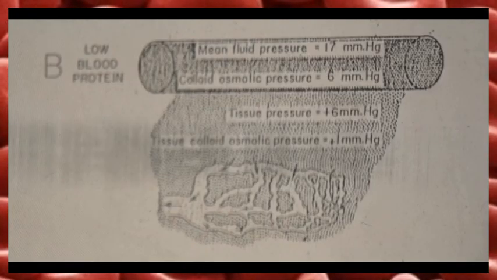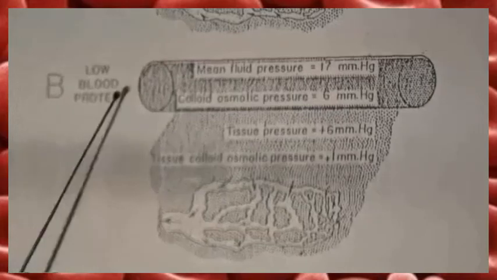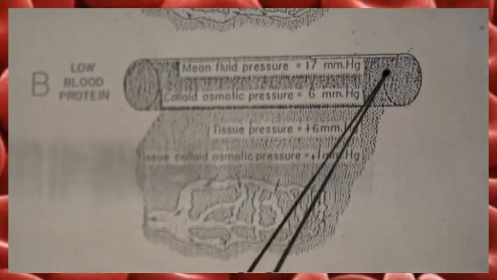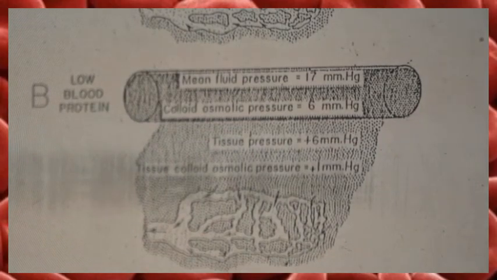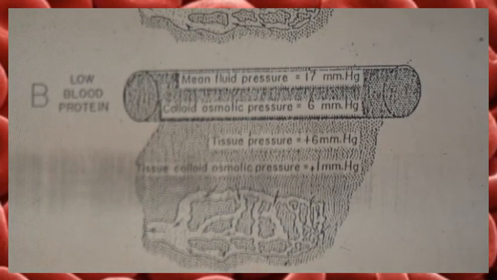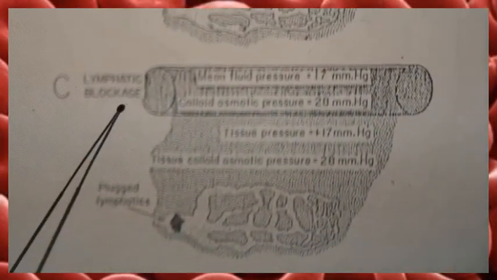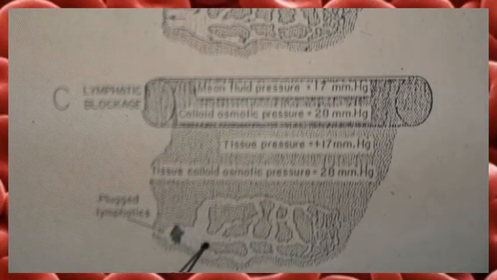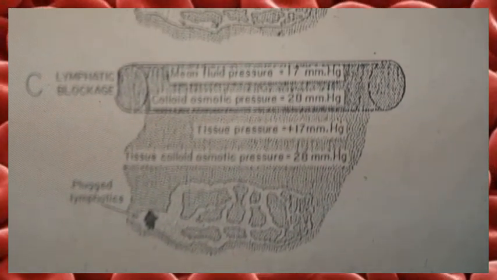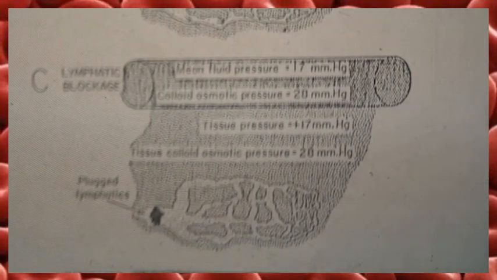Second, low blood protein. The same as at the venous end, not all the filtered fluid returns to the veins. Third, lymphatic blockage. When there is blockage in the lymphatic system, the fluid accumulates in the interstitial spaces. Or increased capillary porosity.